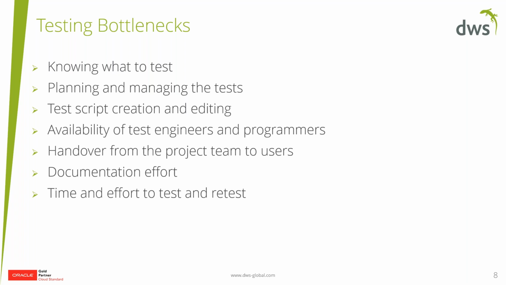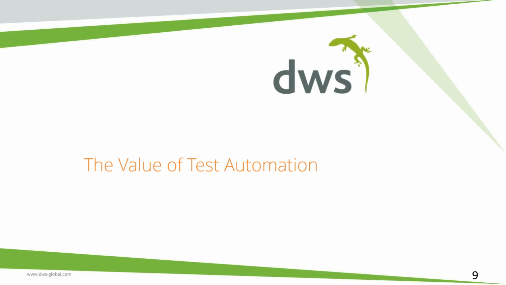If you are set up to do this on an automated basis, you can see the benefits pretty quickly in the process. And that really brings us to the value of test automation, and again, this is what we hear from our customers and from folks that have implemented the proper automation tools to support their testing.